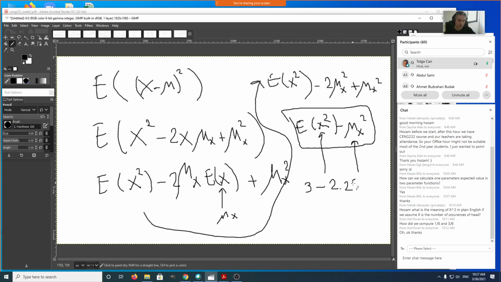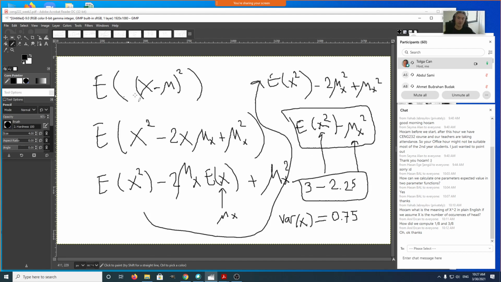So what I have here is the variance of x, where x is the number of heads in 3 coin tosses, is going to be 0.75, which is this difference that I just computed here.